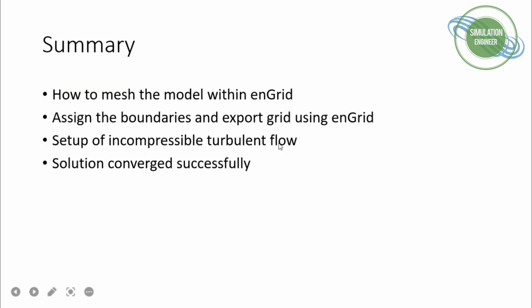in the end we can summarize today's tutorial session, that we can now claim how to mesh the model within NGrid. I think I have tried my best to give you an overview and deep insight into how you can mesh different types of geometries.